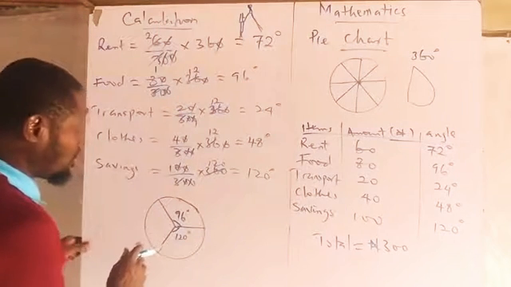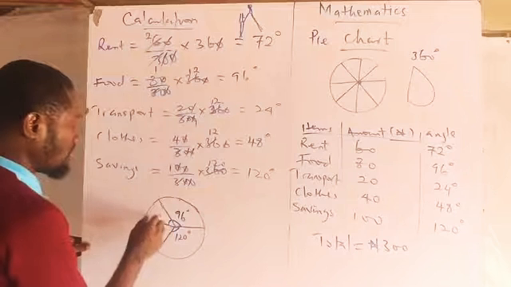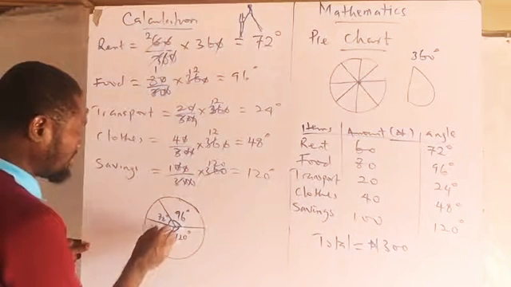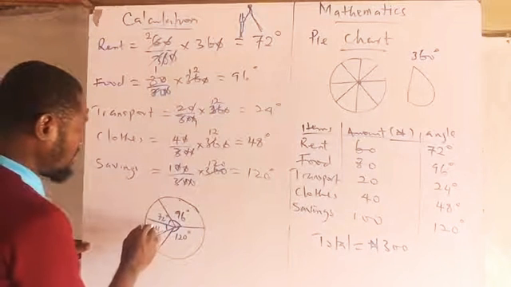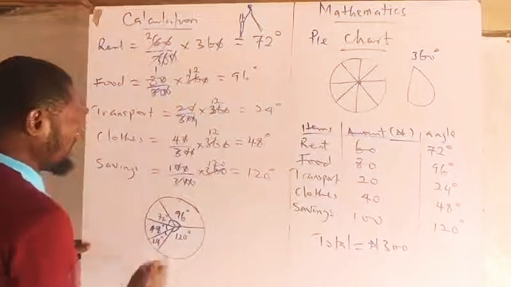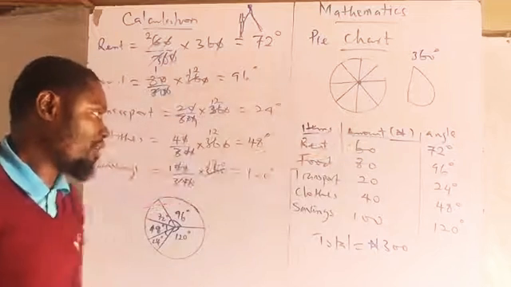I have 72 degrees. I have 24 and 48. 48 degrees. And then 24 degrees. So here is the pie chart of this information.